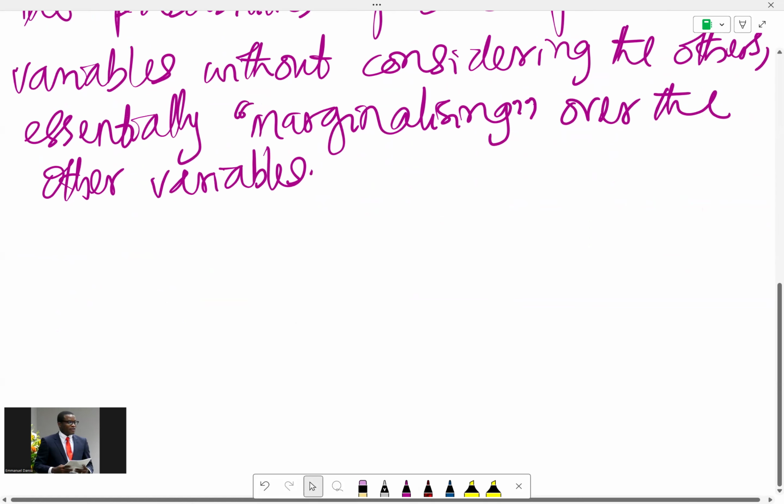Okay, so there are two types, of course, as usual, based on discrete and continuous.